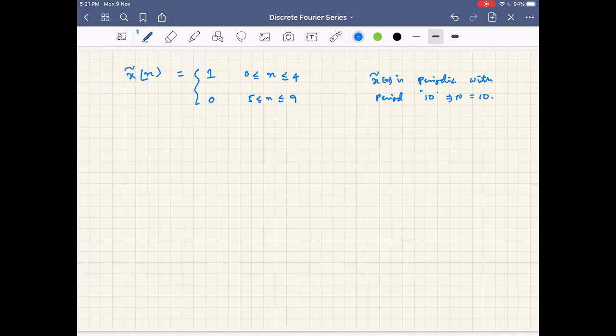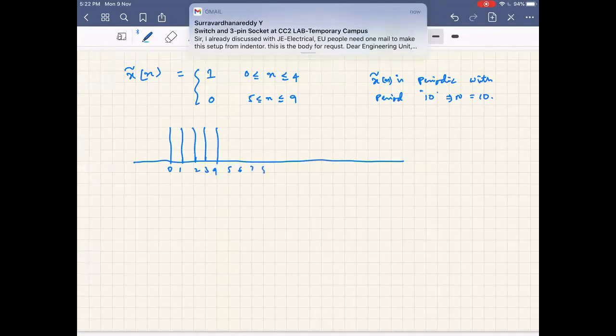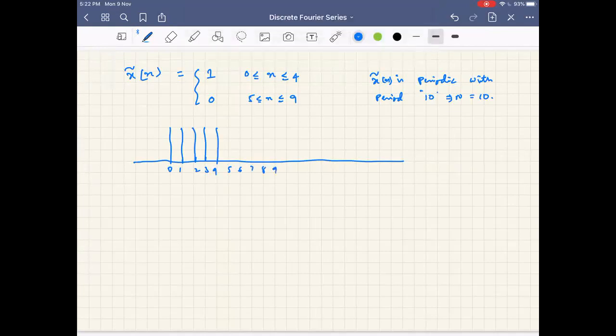So what will happen if you sketch x tilde of n? It will be 1 for some time and 0 for some other time, and then keep repeating after 10 samples. So 1 for 5 samples, 0, 1, 2, 3, 4, and then zeros for 5, 6, 7, 8, 9. Again from this sample it repeats.